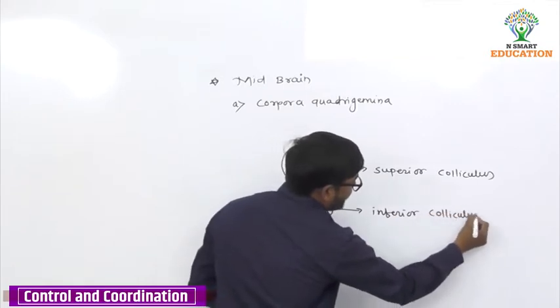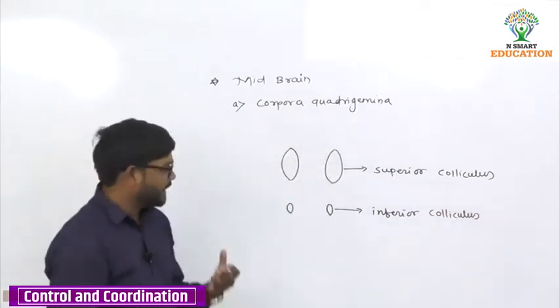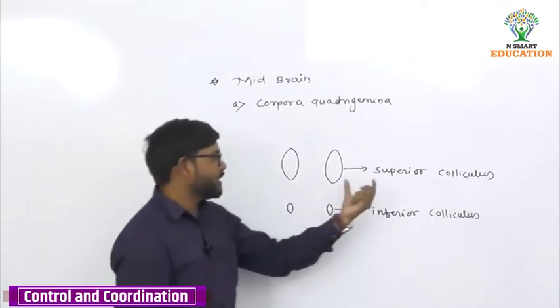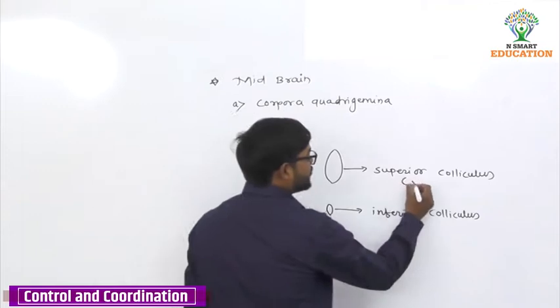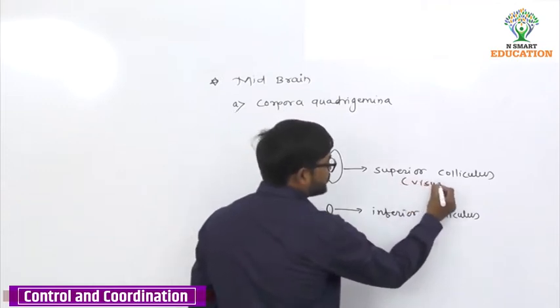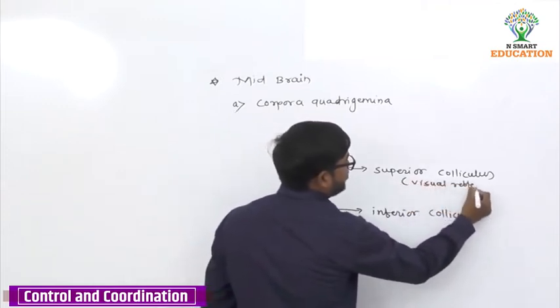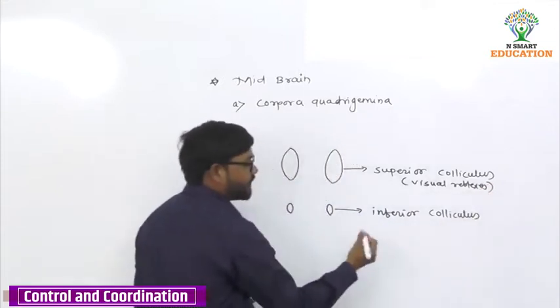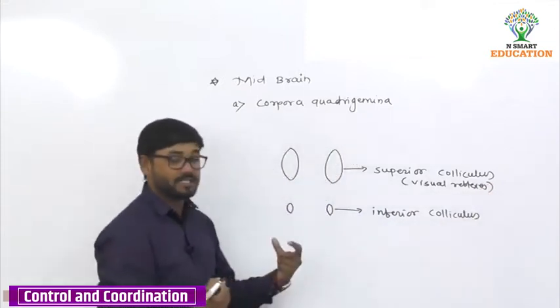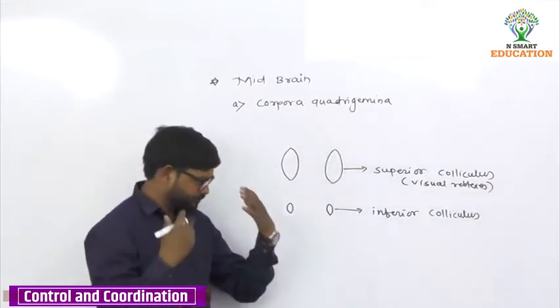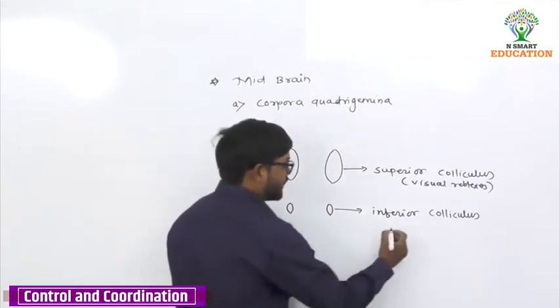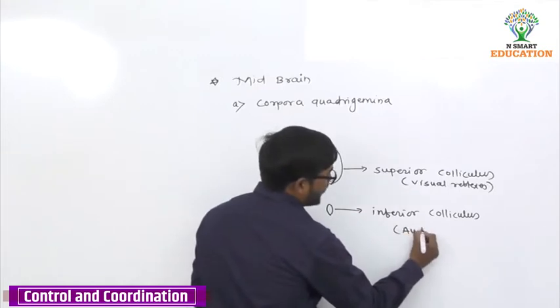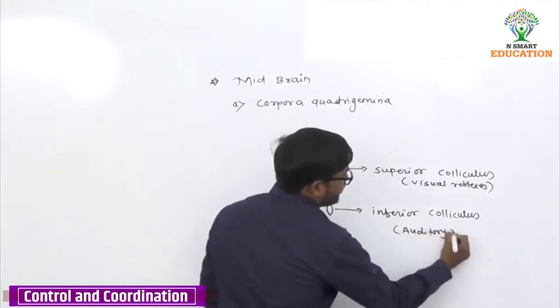Then superior colliculus is particularly related with the visual reflexes, very important, okay। Inferior colliculus is also related with particularly auditory reflexes, you know about, okay, auditory reflexes.